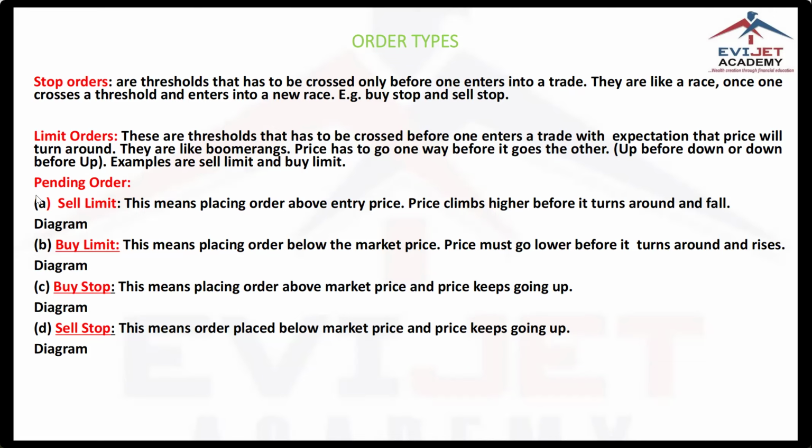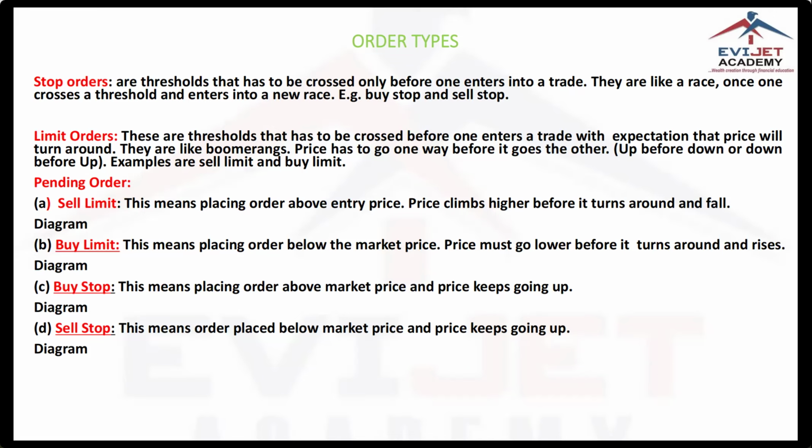So they are all pending orders. We have the sell limit. This means placing the order above the entry price. Price climbs up before it turns around and falls. Then we have buy limit. Buy limit is placing an order below the price.